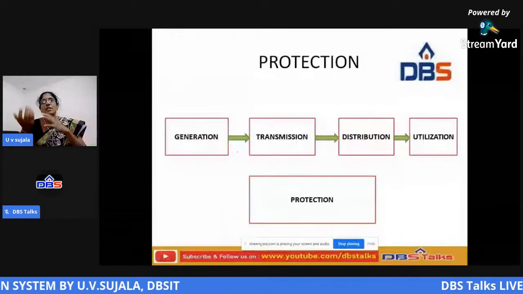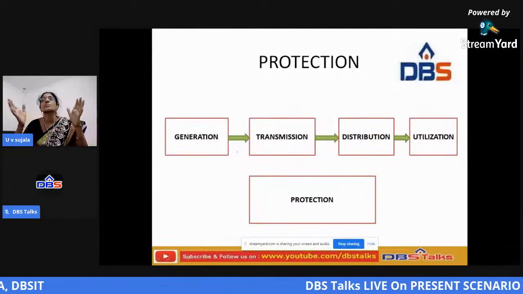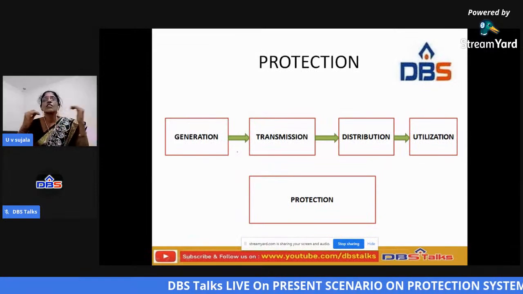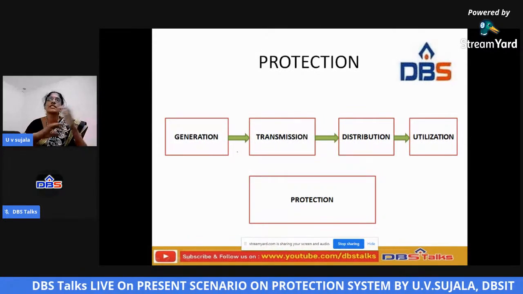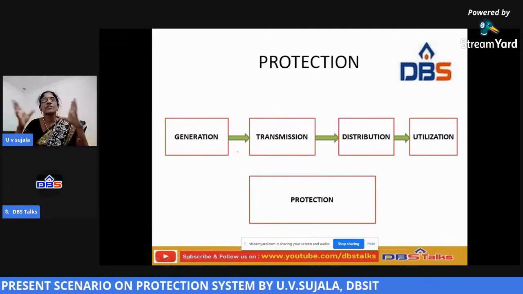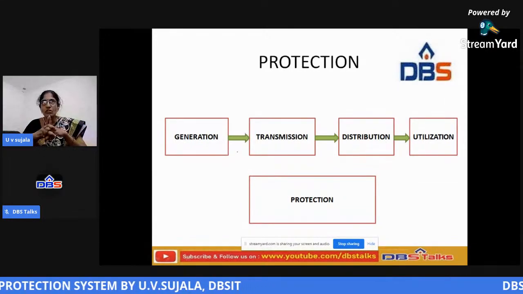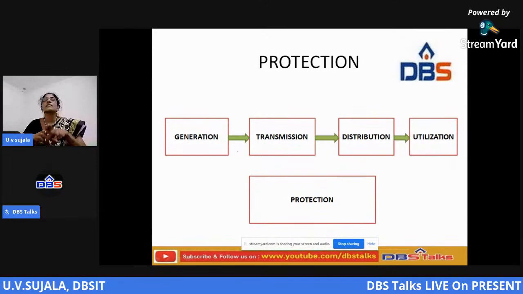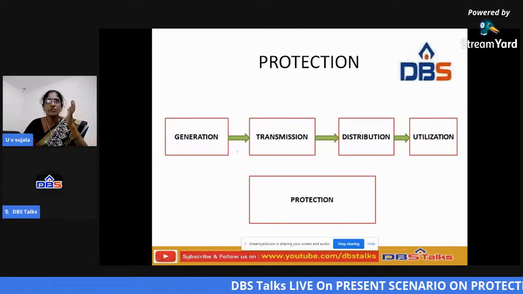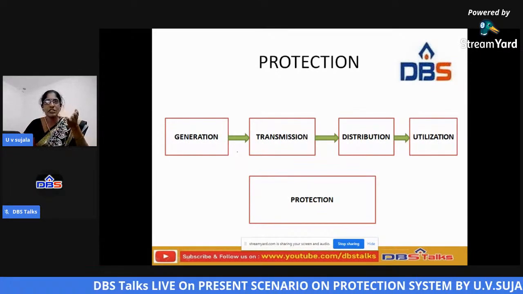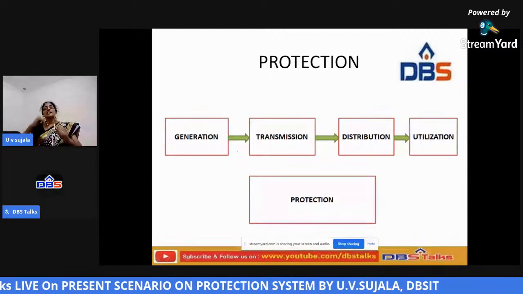Why do you have to step up the voltage? Because in the transmission line there are losses. Whatever the voltage is at the input, the same will not go to the load, as there will be total losses. So for that purpose, whatever voltage is generated from the generation section, you first have to step up that voltage.